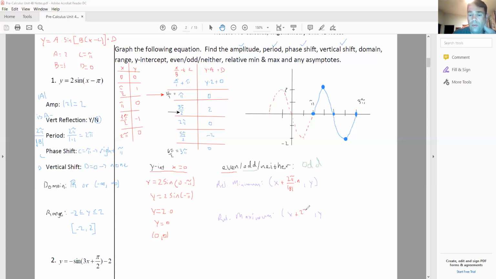So when I'm dealing with my relative min and max, because there's an infinite number, I'm always going to add to whatever the x value is, 2 pi over b, the period length, times n. So our relative minimum here was this guy. He is my smallest value. So my relative min takes place at 5 pi over 2.